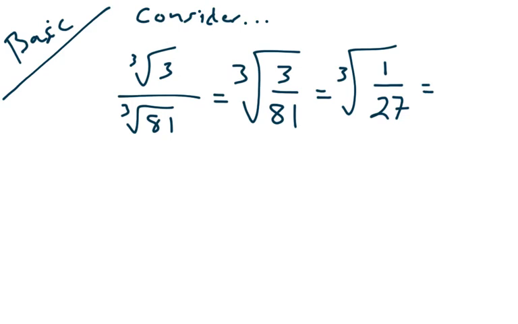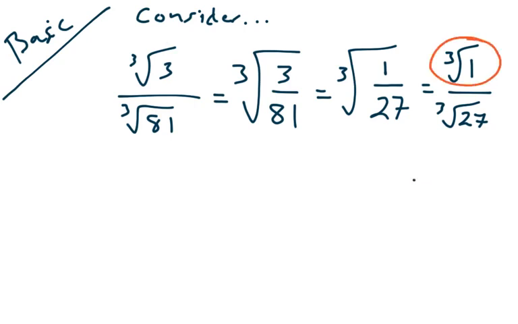Now, can we split it back up into 2? Well, sure. And what's happening here is we're actually using the quotient rule in both directions. Now I split it back up, but the main reason I did that is because now you can actually do the cube root of 1. The cube root of 1 is 1, okay? Because 1 times 1 times 1 is still 1.